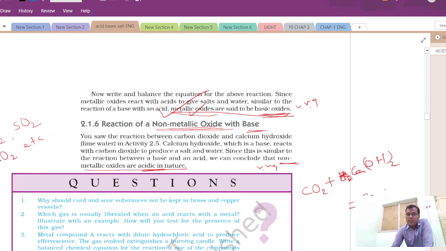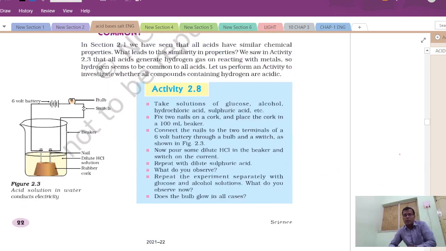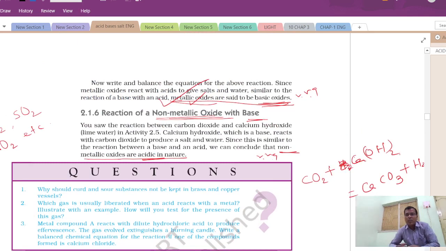Salt and water, CaCO3 plus water, H2O. You can see this is the base, calcium hydroxide, and this is a non-metallic oxide but behaving as an acid. You can write here behaving as an acid. It is not an acid. Remember, this is not an acid. Carbon dioxide is not an acid, but is just behaving like an acid.